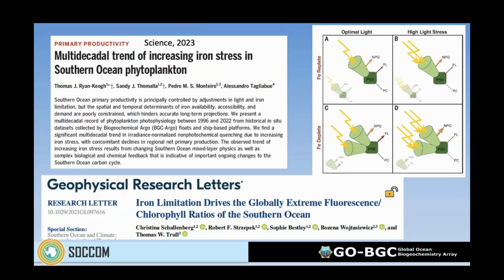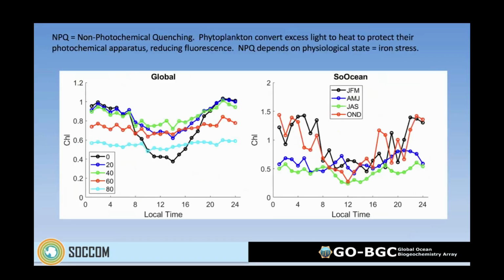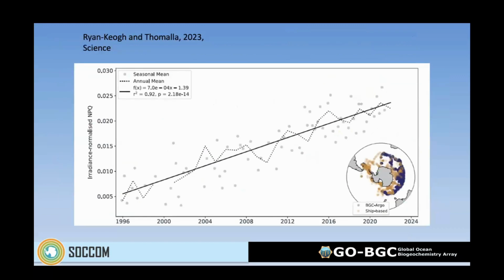And so this is a workshop in analyzing data. I'm trying to equip folks, like the phytoplankton productivity group. You could now map NPQ globally. In these papers by Ryan Keogh et al. and Schallenberg, they use what we correct the data for, what we think NPQ is.